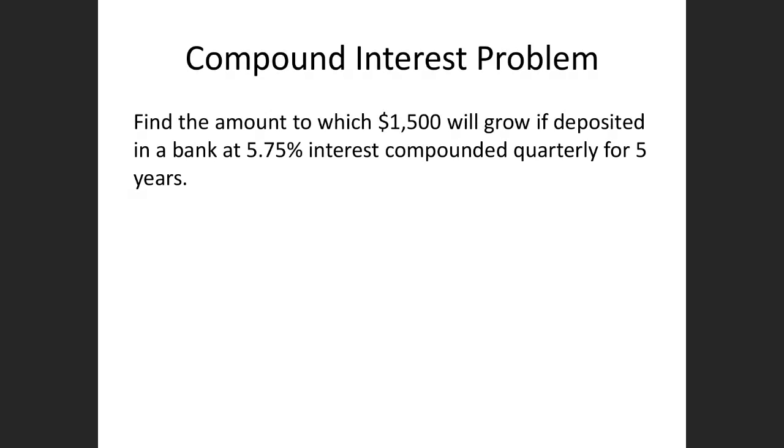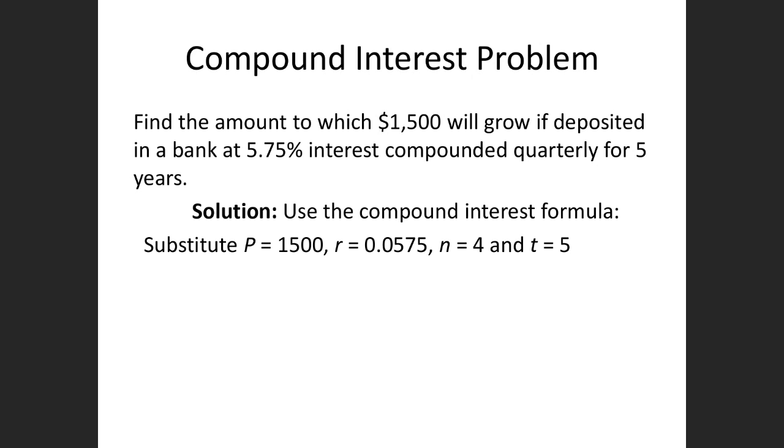So they're telling us we deposit our present value, $1,500, and what they want us to find is our future value. So they're asking us to solve for the A variable.